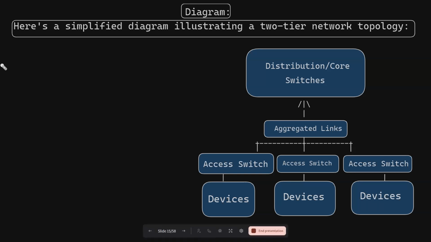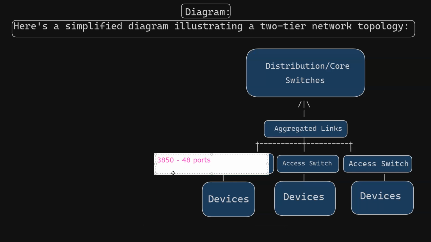For example, in terms of devices, suppose I have a 3850 switch having 48 ports, and they are connected with the servers or maybe devices, maybe PCs.